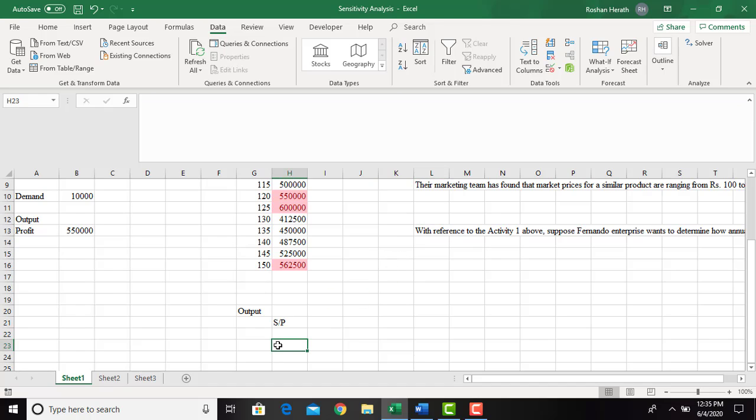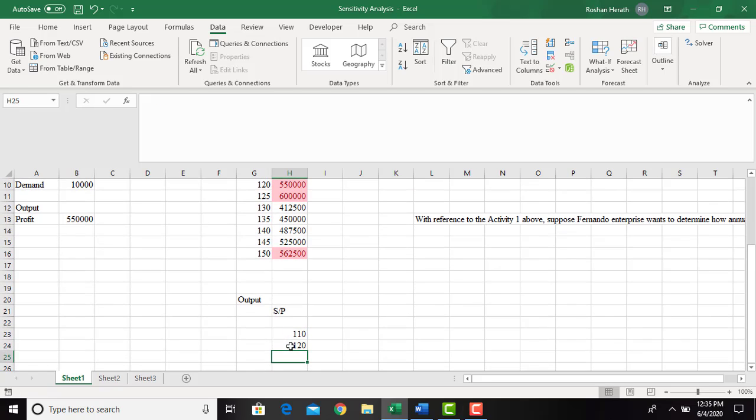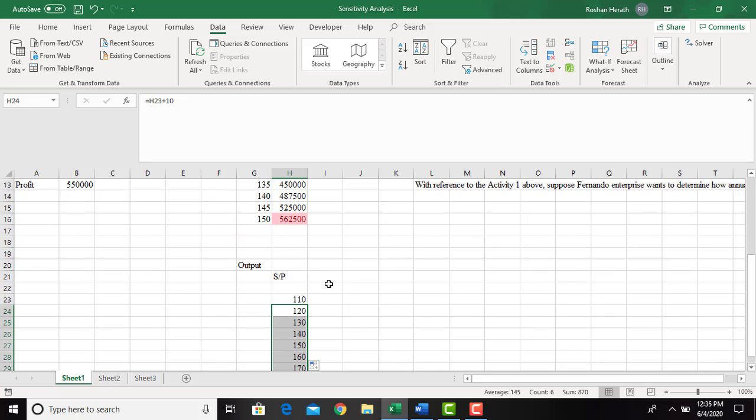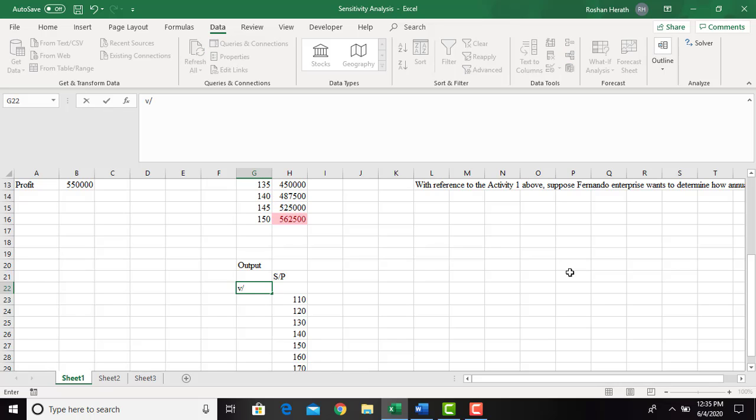So you are starting from 110, and they want the incremental change of 10. So it's 120, and likewise you may be taking that up until 170. Thereafter, the next input, as the question says, is the variable cost.